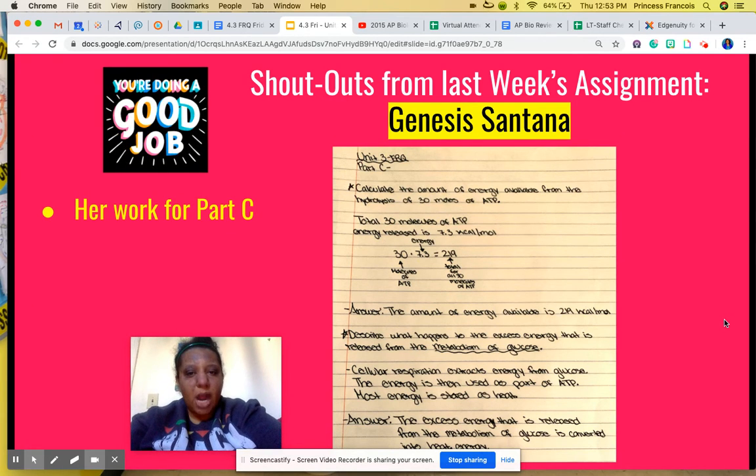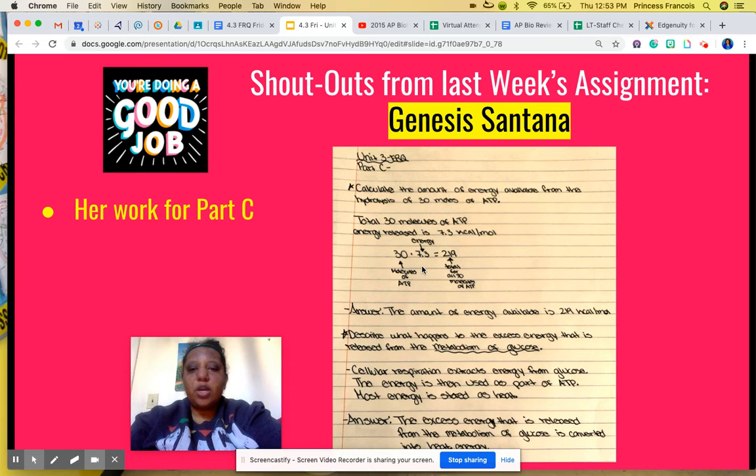In terms of part C, what I'm highlighting for her specifically is her work in terms of how she was able to arrive at the energy needed for the process of hydrolysis. So in the question, it tells you that this process is using 7.3 kilocalories per mole, and the question tells us we have 30.